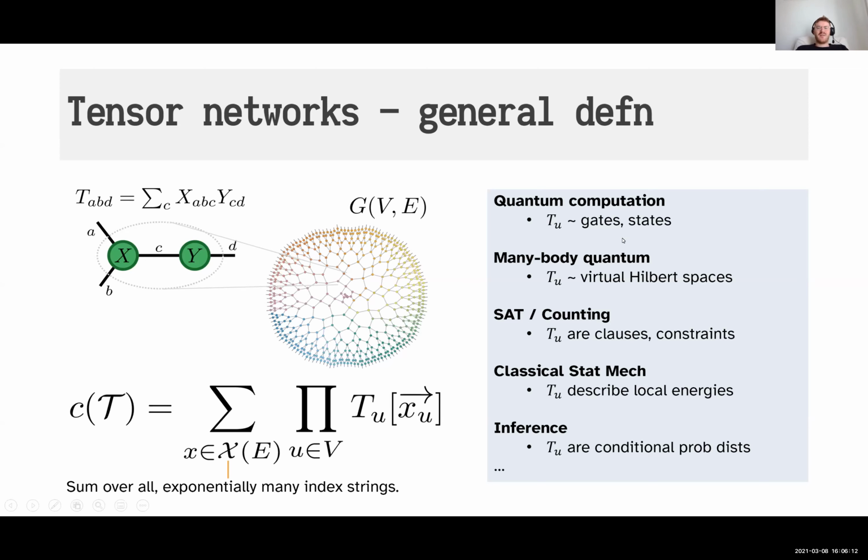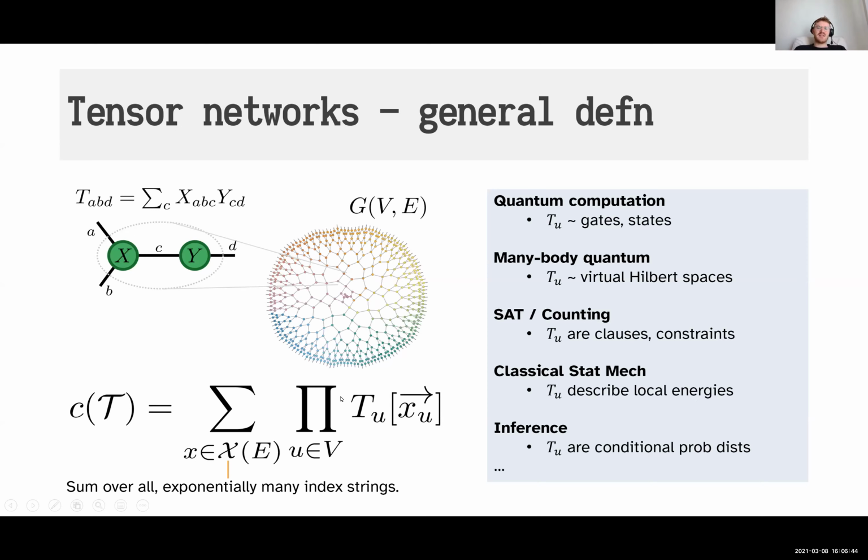And there's lots of different things you can put in these T tensors in order to make the overall object represent something different. Very roughly, in quantum computation, we think about these tensors being either gates or states. In a many-body quantum ansatz, we might think of them as virtual Hilbert spaces, and the tensors project these entangled pairs down to some other degrees of freedom.